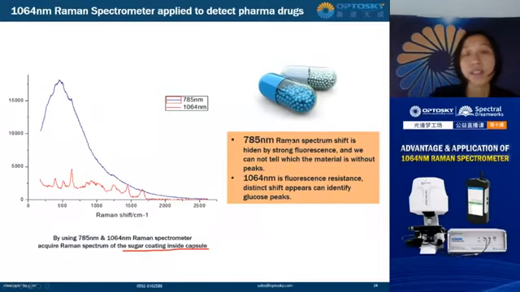So the 785 Raman shifts are hidden by strong fluorescence. It cannot tell the material. It can be caused by some mixtures of other materials. However, with 1064, it can resist fluorescence, so it has distinct shifts. We can identify, yeah, these are glucose peaks.